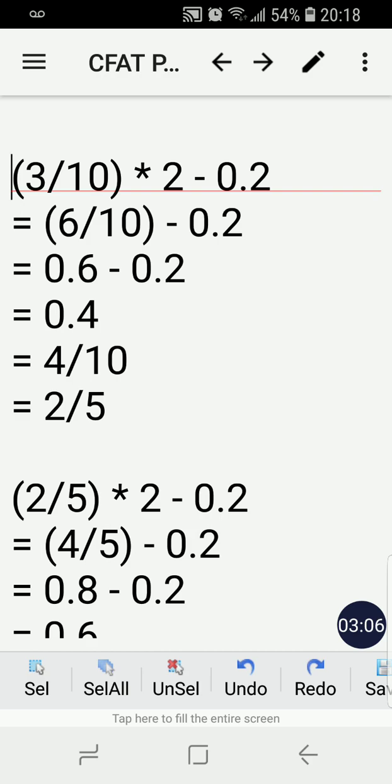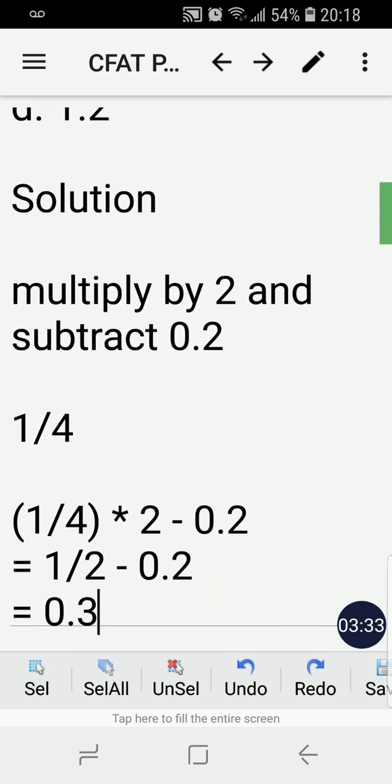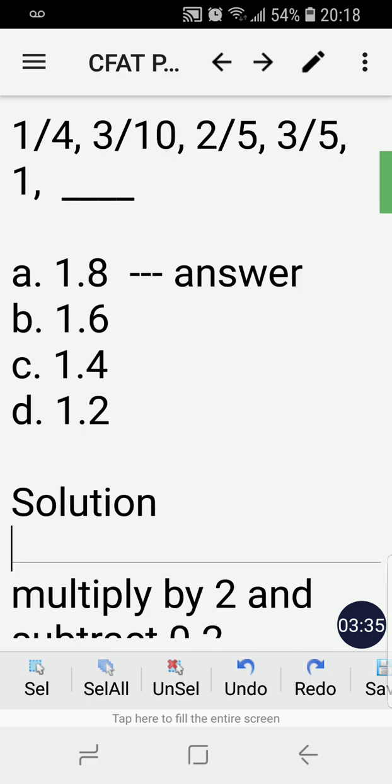So 3/10 times 2, we get 6/10, minus 0.2. 6/10 is 0.6, minus 0.2 is 0.4. 0.4 is 4 over 10. We reduce it to the simplest form of the fraction, which is 2/5. So that is the next number in the sequence, 2/5.